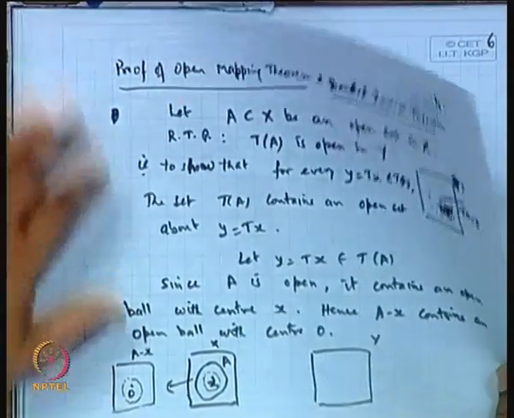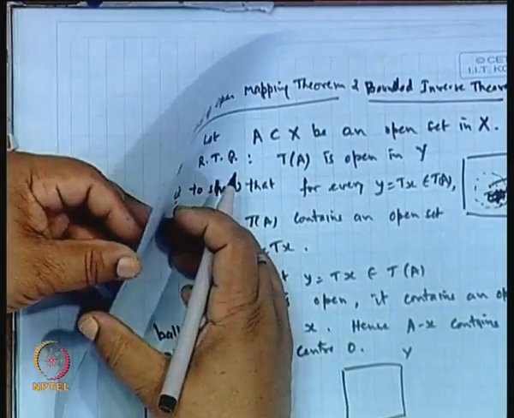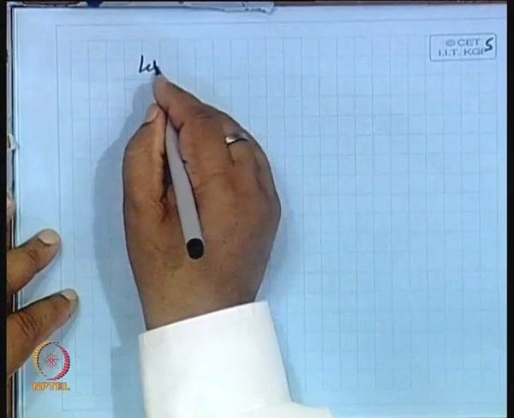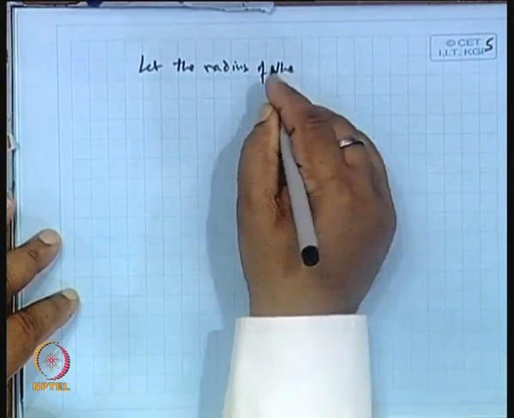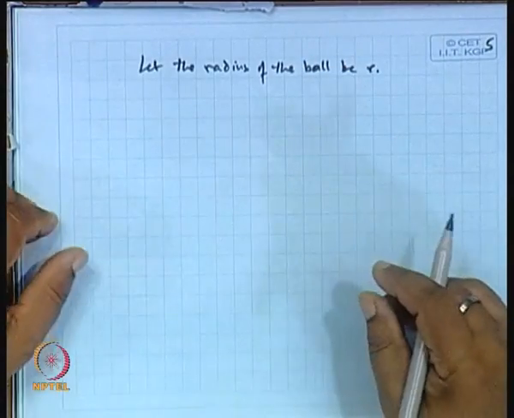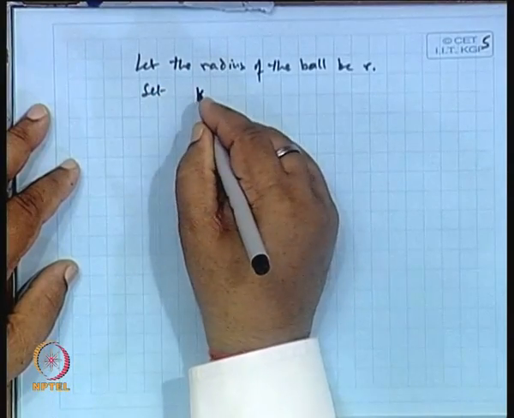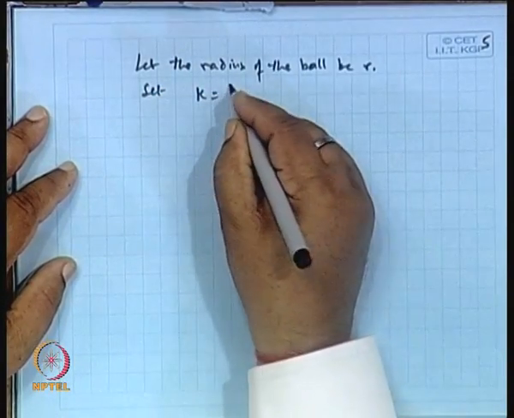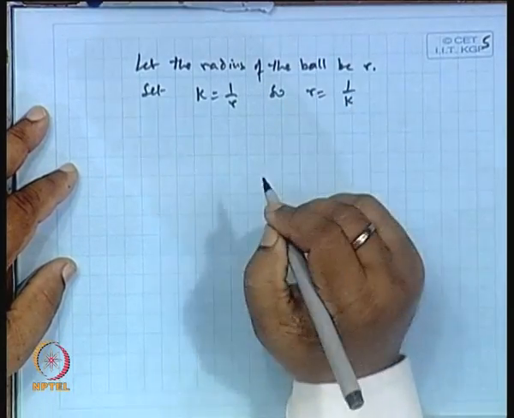Okay. Now, let the radius of the ball be r, the ball V r. Now, consider or set k to be, say, 1 by r. So, r becomes 1 by k.